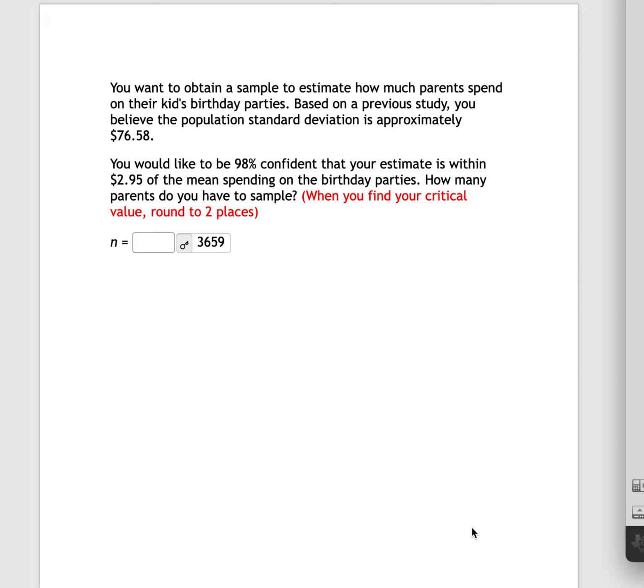You want to obtain a sample to estimate how much parents spend on their kids' birthday parties. Based on the previous study, you believe that the population standard deviation is approximately 76.58. So that's your sigma.